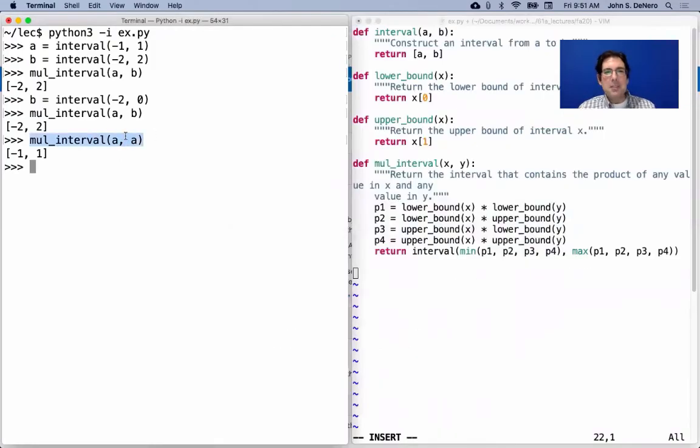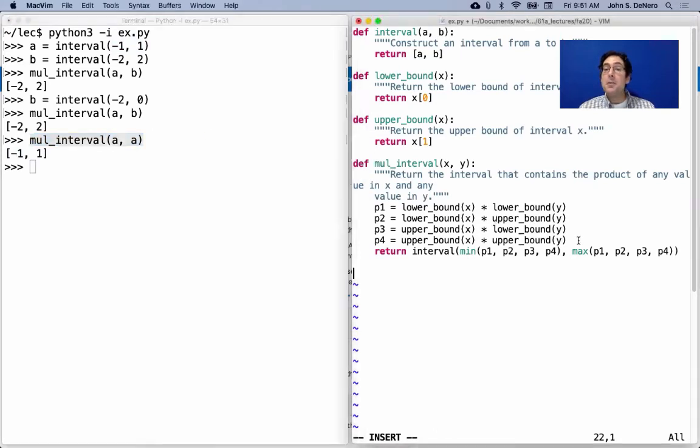Why is it that multiplying A times A, according to this system that we've built, gives you the wrong number? What would the right number be? Well, I think the right number would be, if you take some number between -1 and 1 and you multiply it by itself, you can get anything from 0 to 1. But you can't get anything negative. The reason this gets it wrong is that this code assumes that x and y could be different numbers.